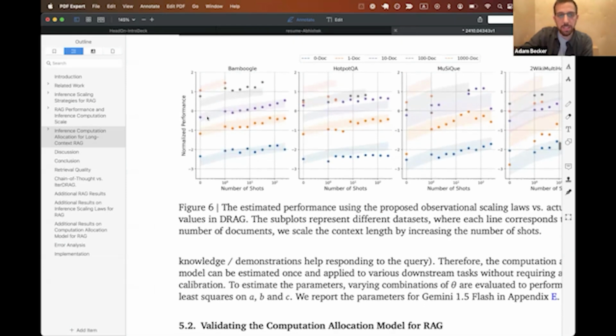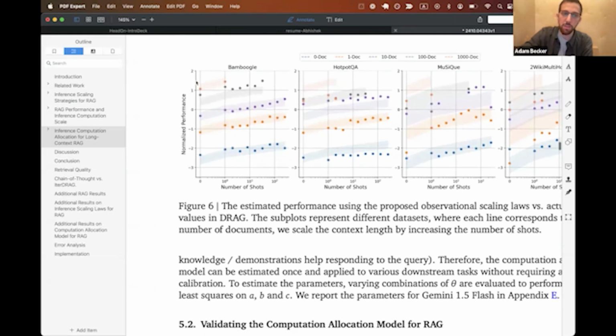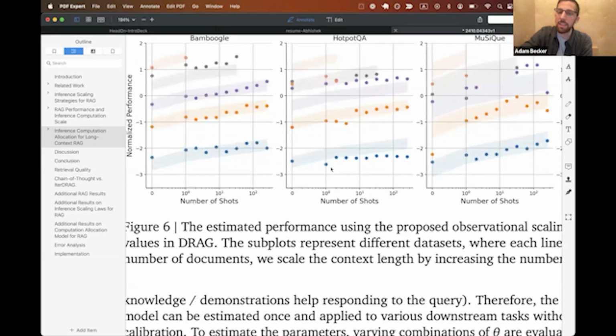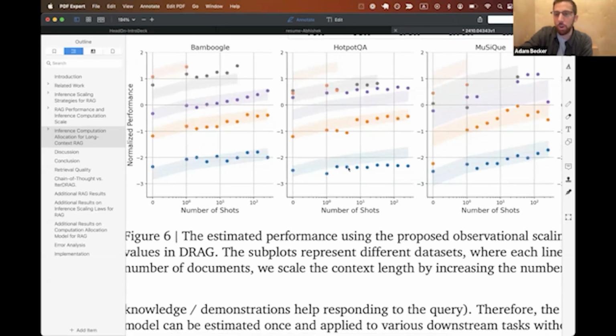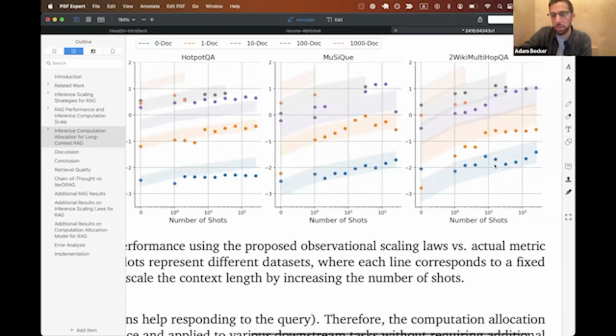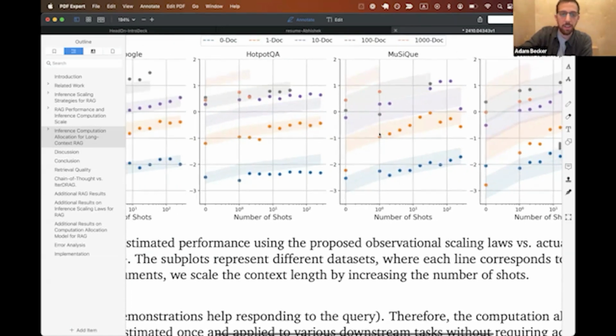You can see that again, performance continues to increase as you increase the number of shots and as you increase the number of documents retrieved, right? Everybody can see this. So they're increasing in both dimensions. We haven't necessarily predicted all that well for every single data set, but we tend to be within the bounds.